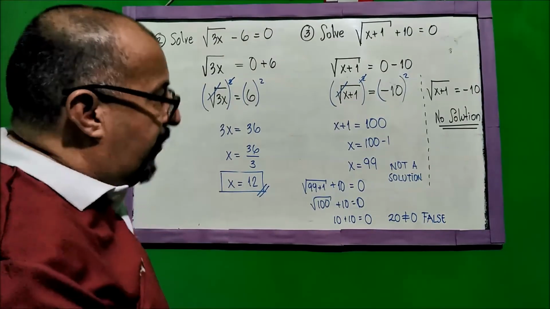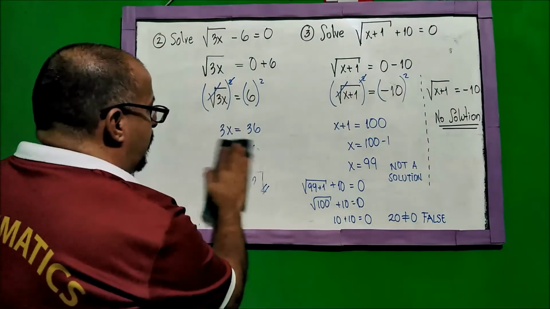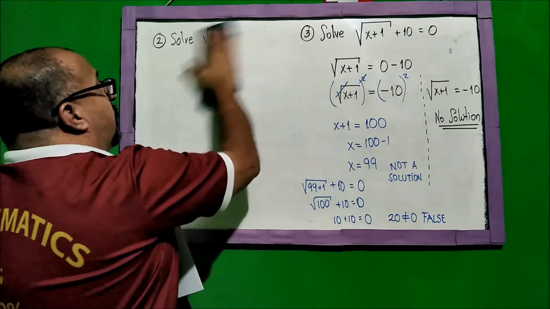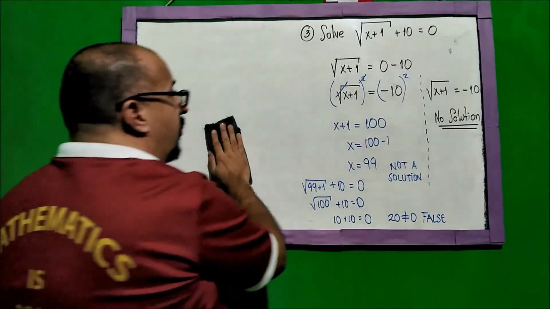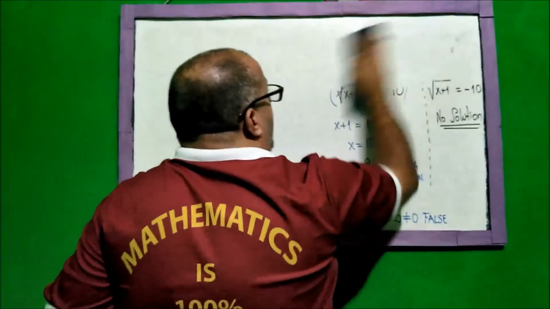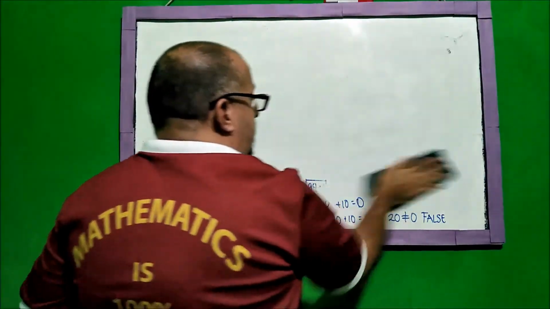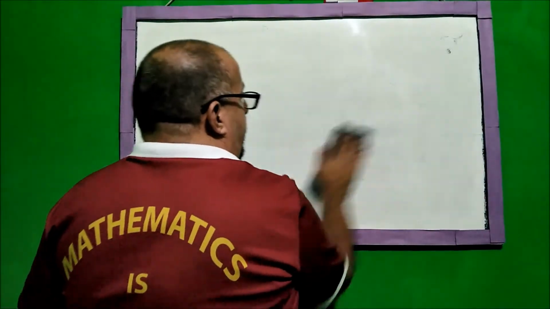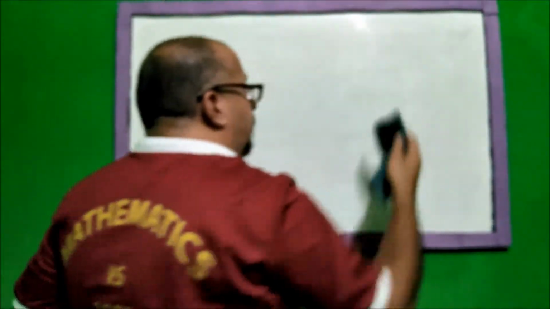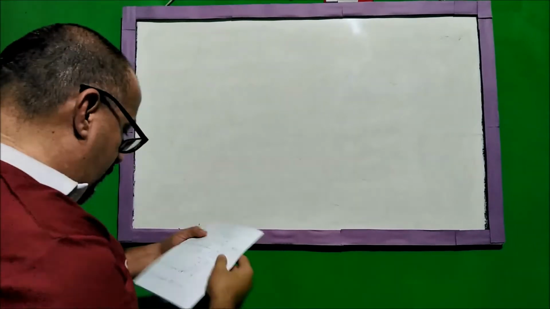Now let's go with a final example for this section. I hope that you're understanding right now what is happening with equations whose variable is inside a radical. Now let's deal with this one that requires a little bit more procedure.